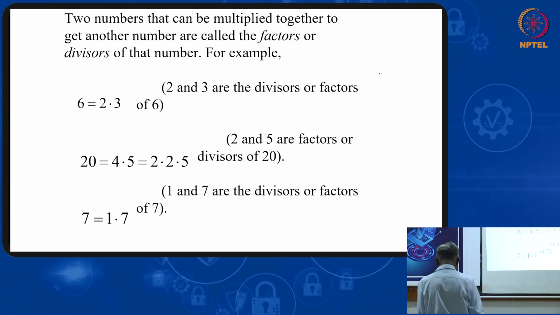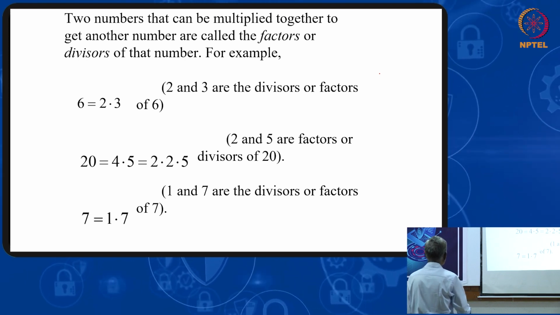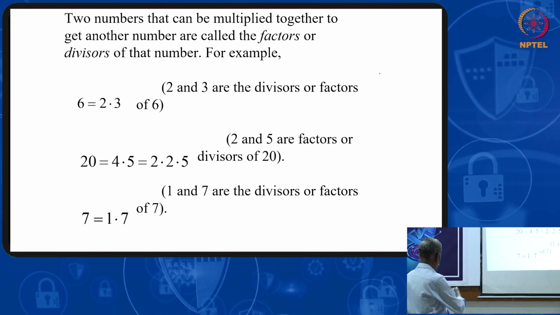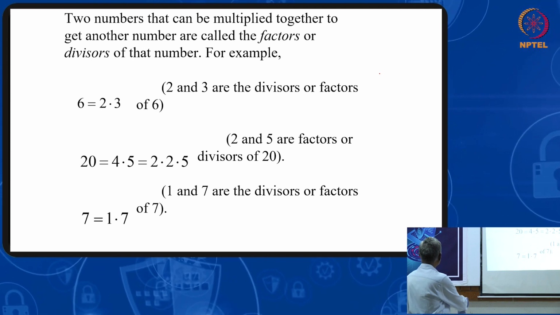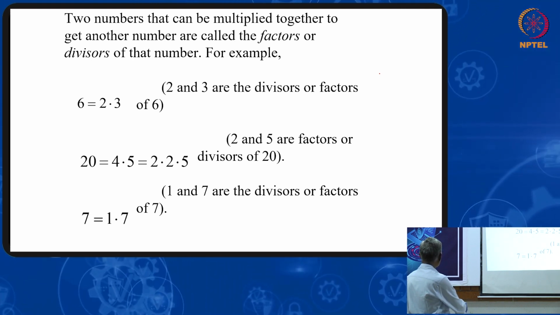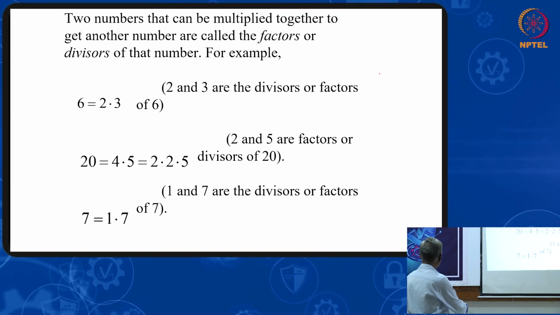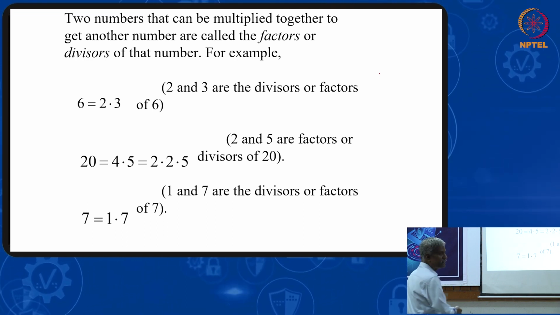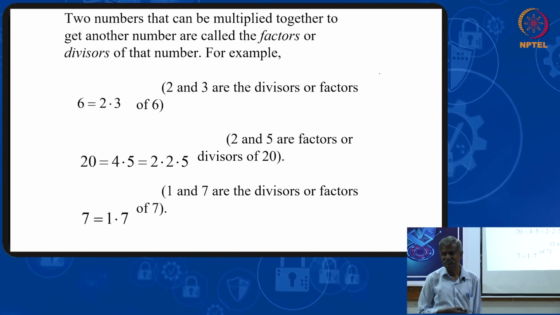Therefore, 6 can be written as 2 into 3. 2 and 5 are factors or divisors of 20. Therefore, 20 can be written as 4 into 5 or 2 into 2 into 5. You are able to understand what is a factor.